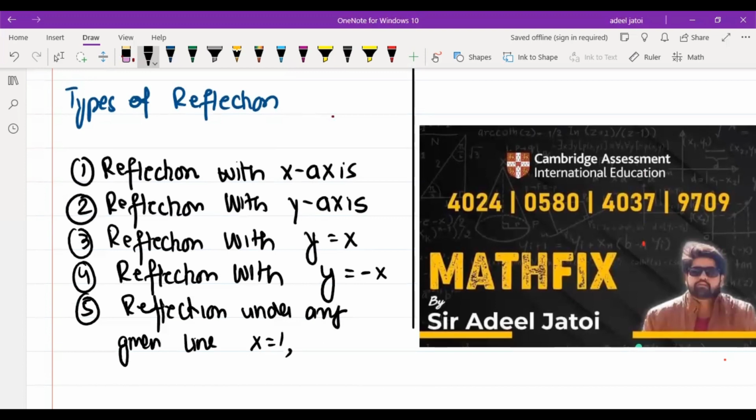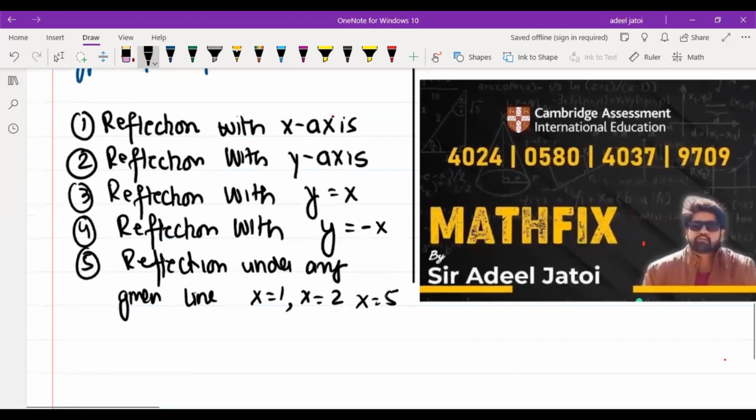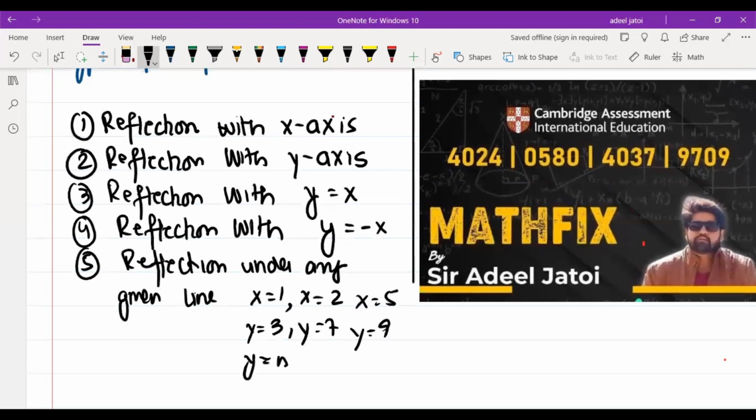X is equal to 1, x is equal to 2, x is equal to 5, y is equal to 3, y is equal to 7, y is equal to 9, or any y is equal to mx plus c. So reflection can take place under any given line, depending upon the question as well.